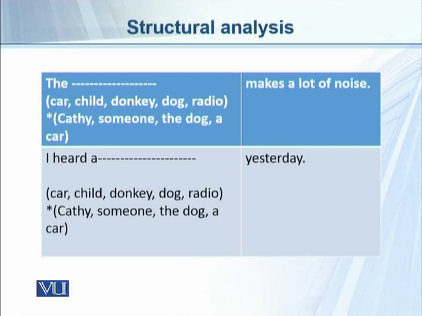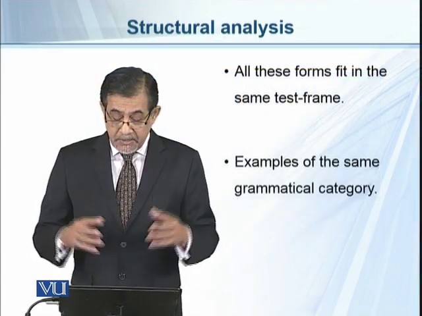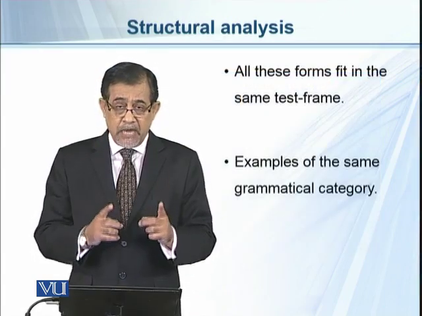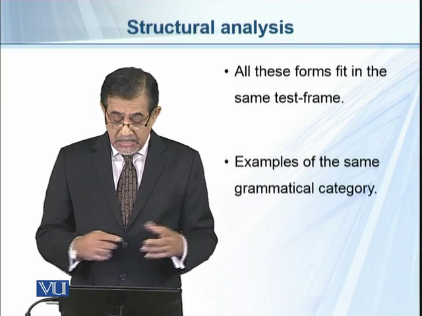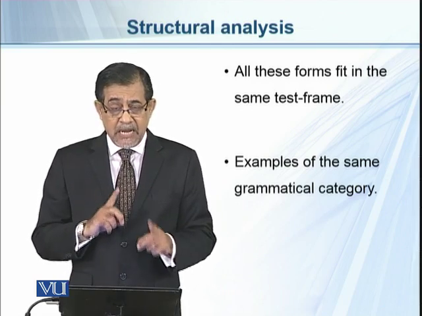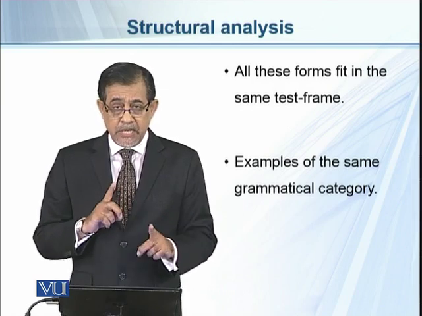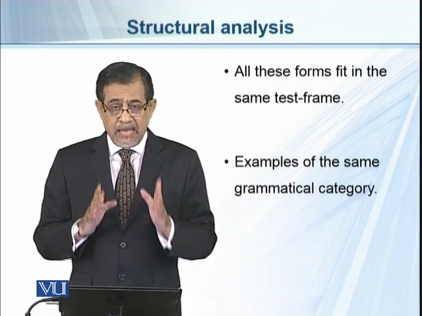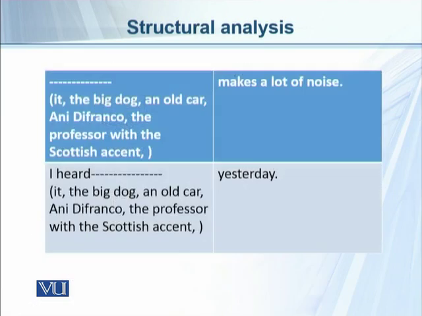But similarly, we cannot put "I heard a cafe," "I heard a someone," "I heard the dog," "I heard a car." They are not possible. So they do not fit into this test frame. So all these words fit in the same test frame: nouns. They are all examples of the same grammatical category. Car, child, donkey, radio are all nouns, so they fit into this frame.